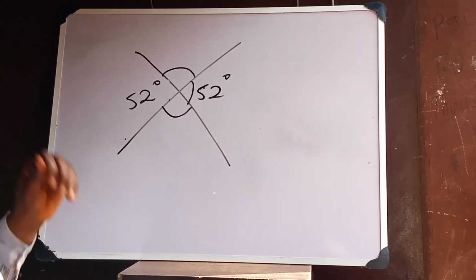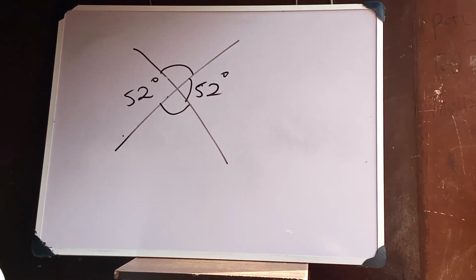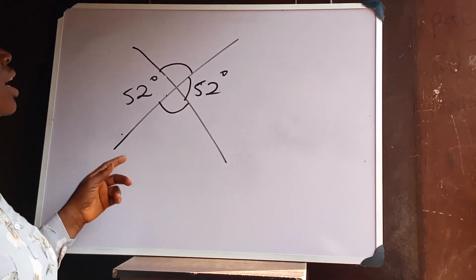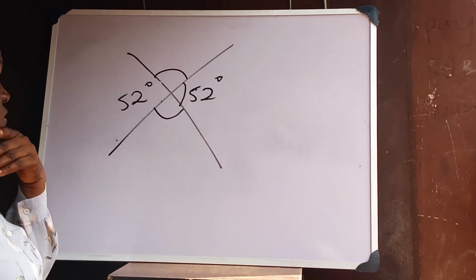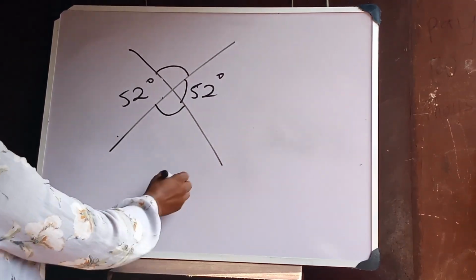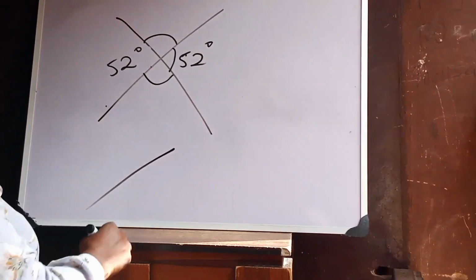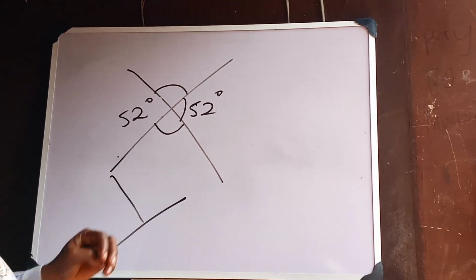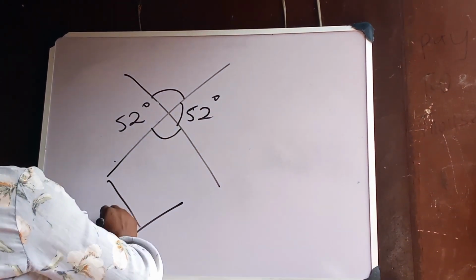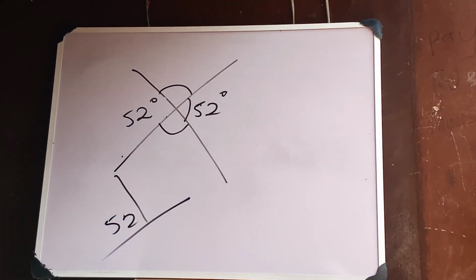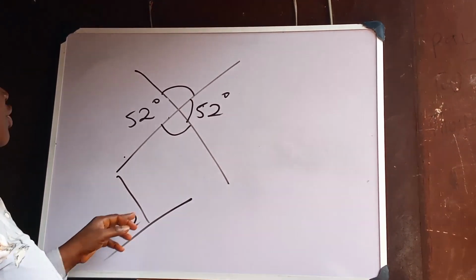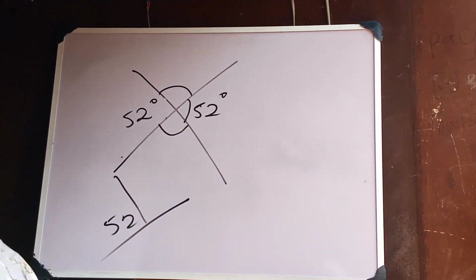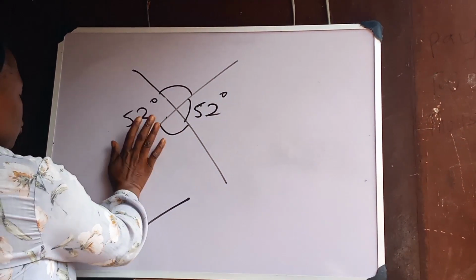Yes. Now, what else do we do? Look at these angles critically. If you divide the angle into two, we have something like this. This is angle on a straight line. Here we have 52.